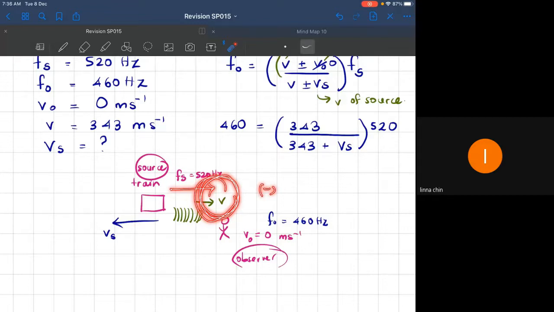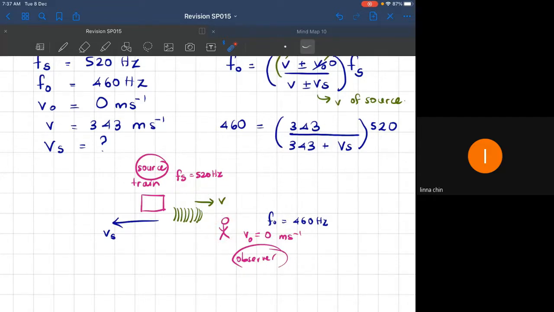Ataupun kamu boleh je nak hafal kalau menghampiri menjauhi positif ke negatif, you could hafal ataupun you could remember this method. Okay, it's up to you. Okay, so caranya kat sini, kalau speed of sound dengan speed of source kamu opposite direction, maka dia akan jadi positive sign lah. Kalau di same direction, maksudnya dia moving towards observer, maka dia akan jadi negative sign lah.